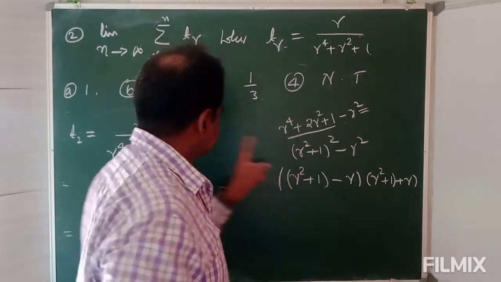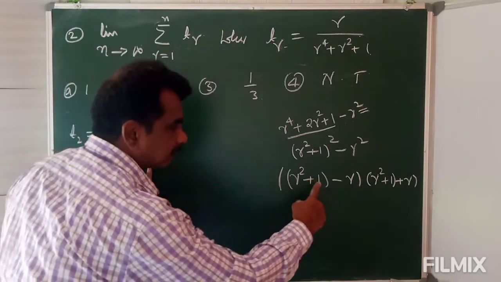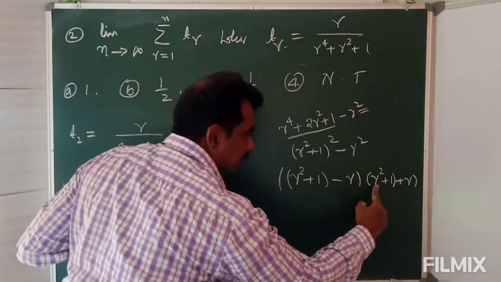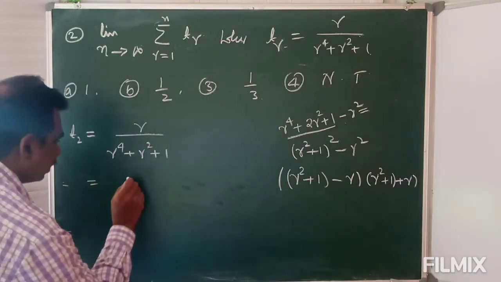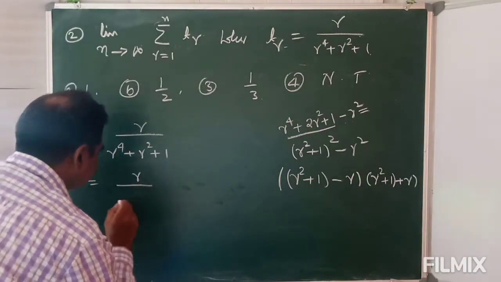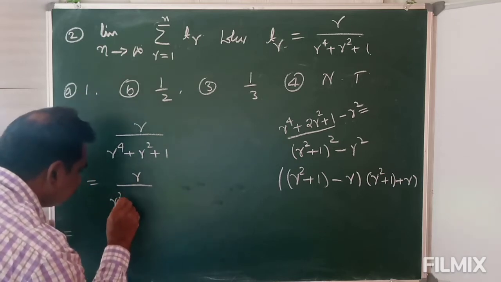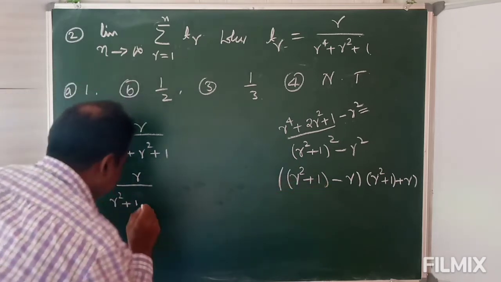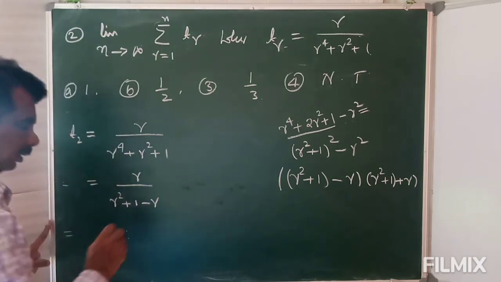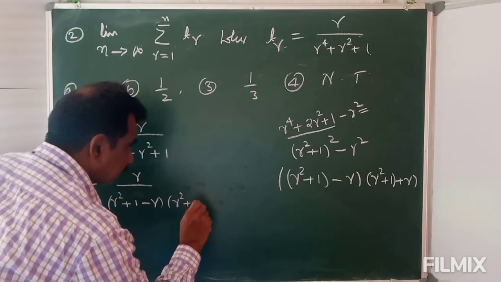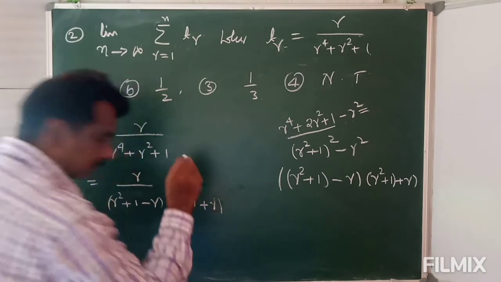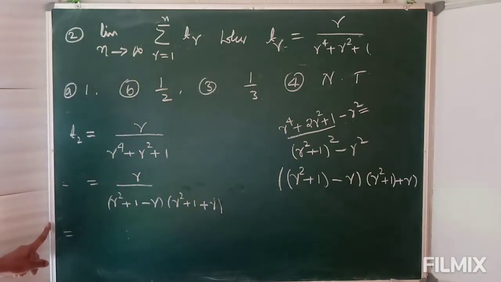The whole thing becomes r square plus 1 minus r into r square plus 1 plus r. That is, t_r is equal to r divided by r square plus 1 minus r, okay, into r square plus 1 plus r. Understand?